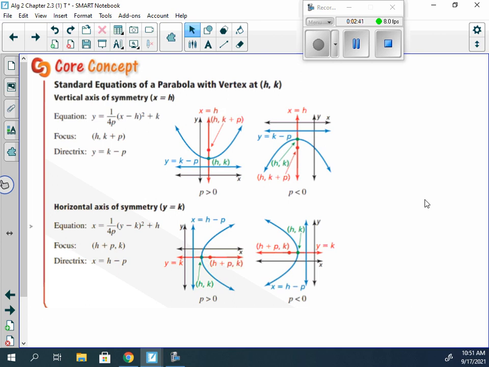Now we're not going to focus too much on actually being able to graph it, but we're going to focus on the equations themselves. Part of the reason I did change the notes is because I'm trying this out for the first time. Normally in years past we've started out with the equations that they gave you, and then eventually moved on to these later on.